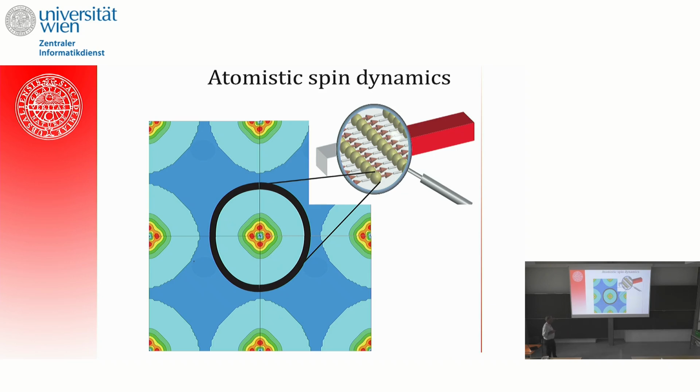You have iron nuclei here, and the red is intense magnetization density and blue is low, so all the magnetism is localized around the nuclei. So basically I can draw a circle around a nucleus and integrate up the magnetization density and replace this information with this information, and that's what we all do in an atomic magnetic moment. We don't think about the density. We kind of look at it.